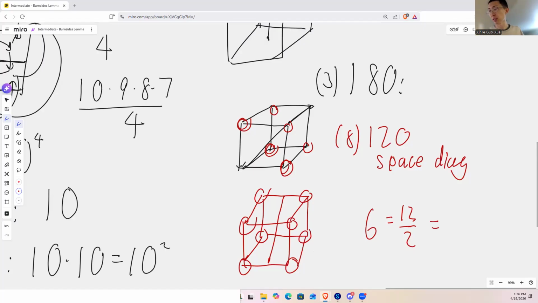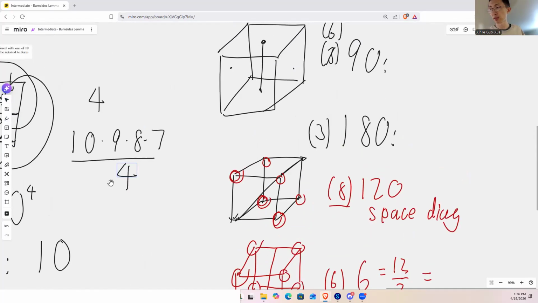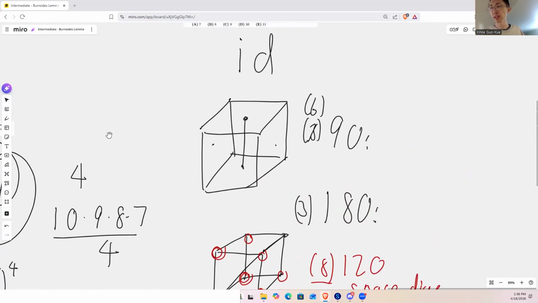Okay, let's check, right? We have 6 plus 8, that's 14. Plus 3, that's 17. Plus 6, that's 23. Plus the identity, so that's 24. And are there 24 symmetries of a cube?